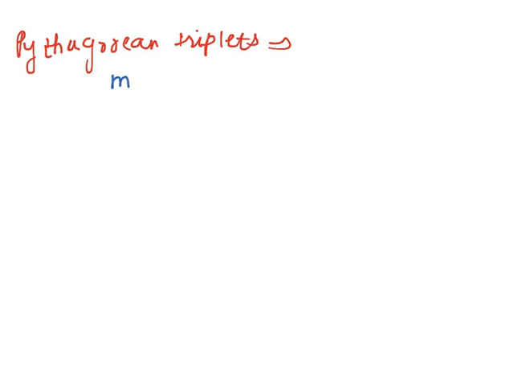Next, we will learn Pythagorean triplets. This is a very important term in this chapter, Pythagorean triplet. So according to this theorem, if we have three natural numbers m, n, p, they are said to be Pythagorean triplets if and only if m square plus n square is equal to p square.